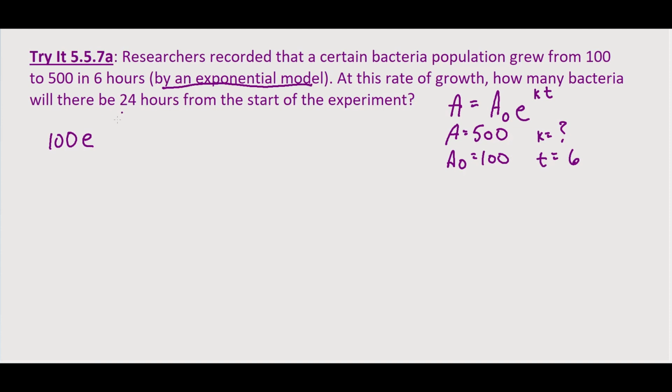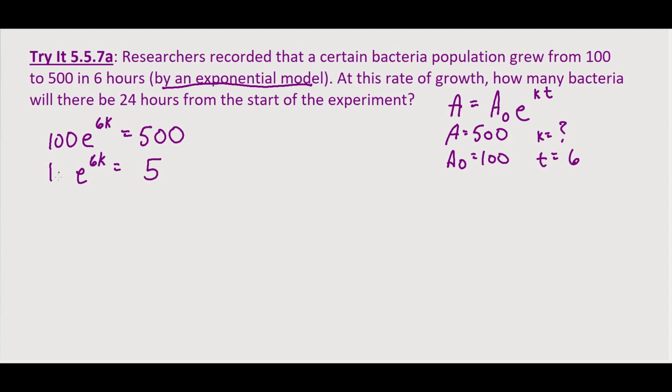We don't know what K is. 6 is T, so e to the 6K equals our ending amount, which is 500. Divide both sides by 100. e to the 6K equals 500 divided by 100, which is 5.